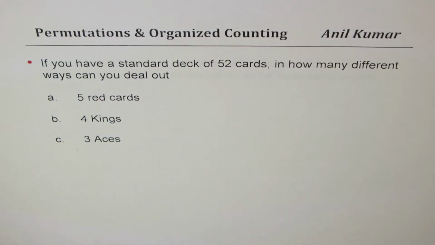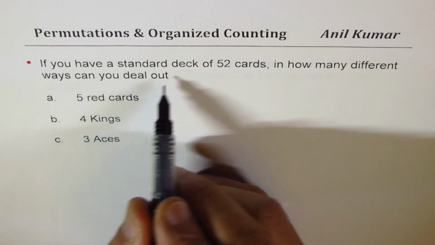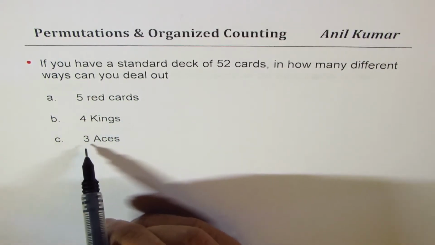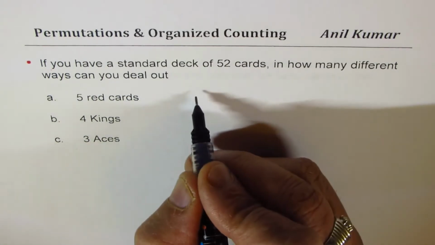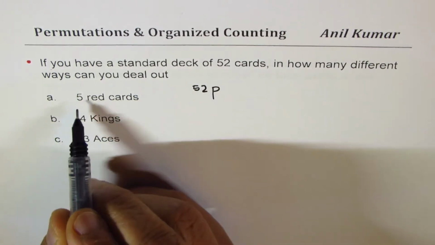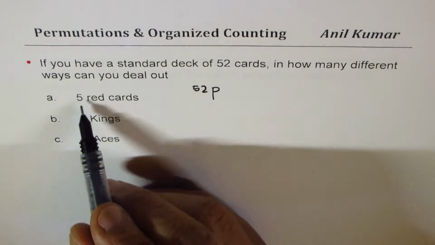The next question is, if you have a standard deck of 52 cards, in how many different ways can you deal out 5 red cards, 4 kings, or 3 aces? Out of 52, you have to deal 5 red cards.